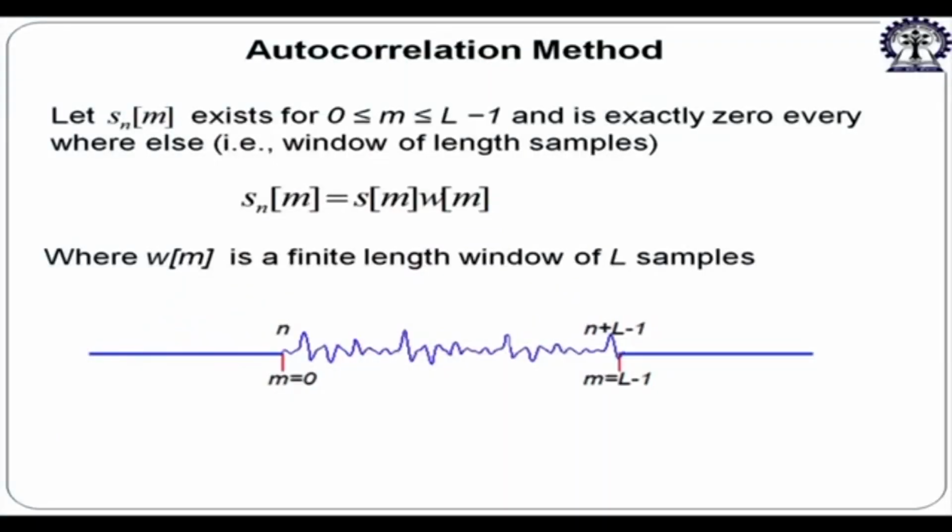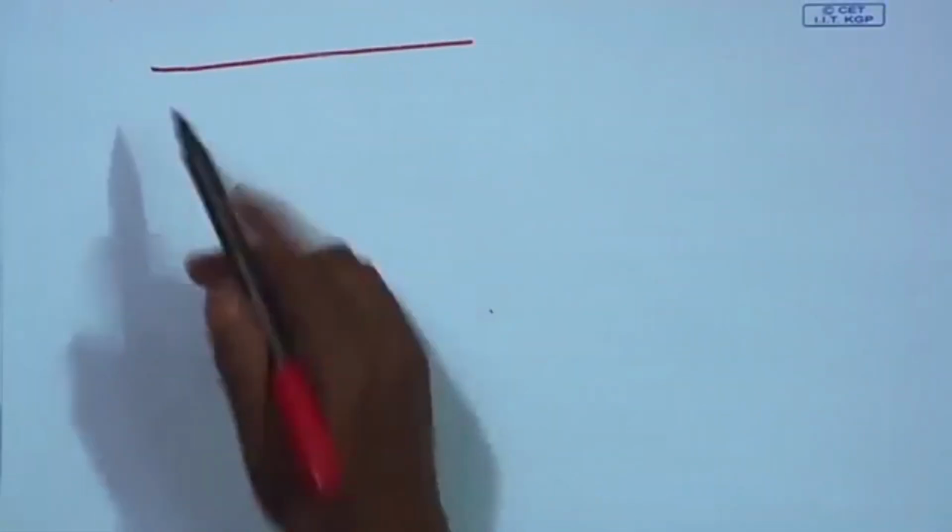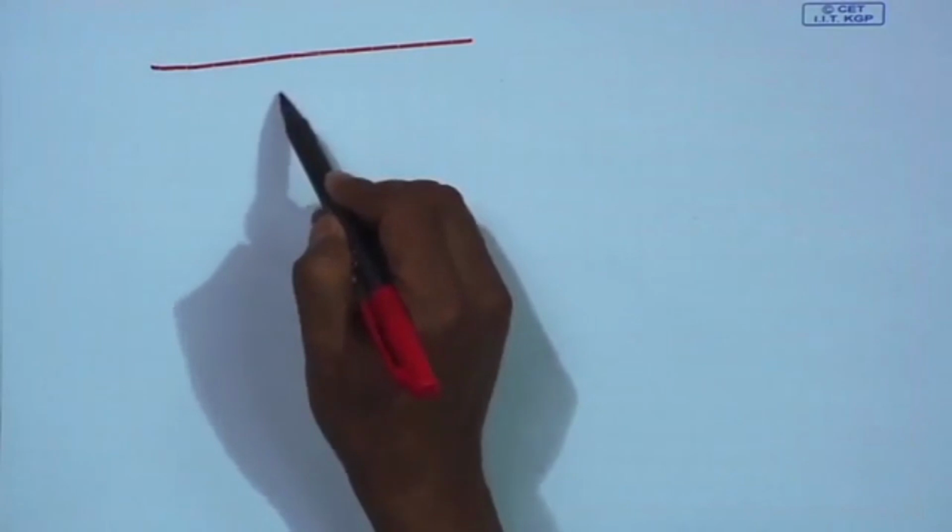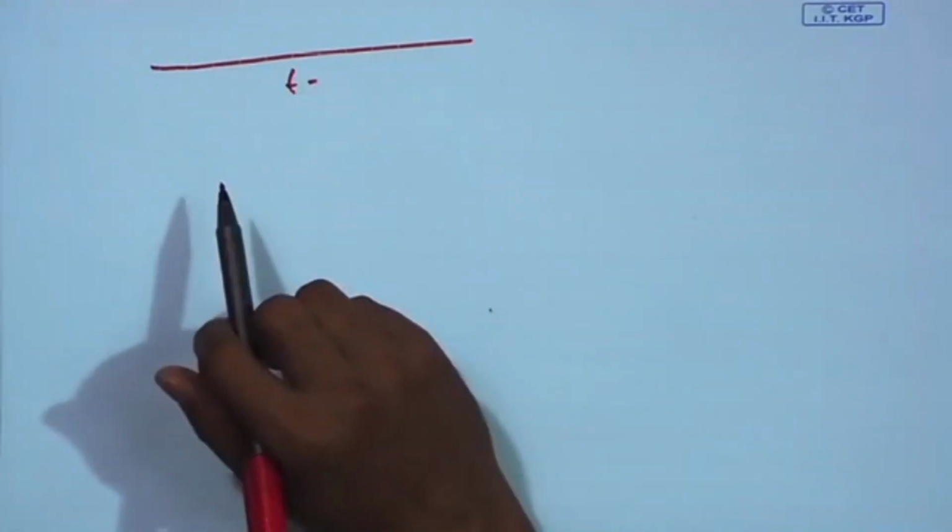Now, before we go to the autocorrelation methods, if I take the whole speech signal at a time and try to estimate the values of alpha 1, alpha 2, alpha 3, then my purpose is not served. Because a speech signal is not a stationary signal; it can consist of different types of signal with respect to time.